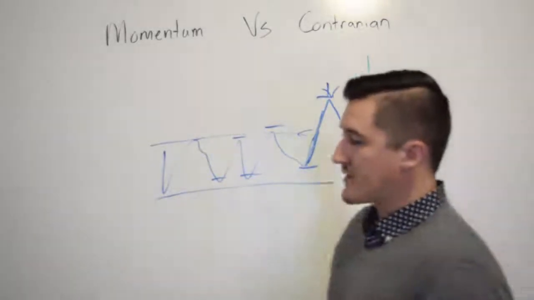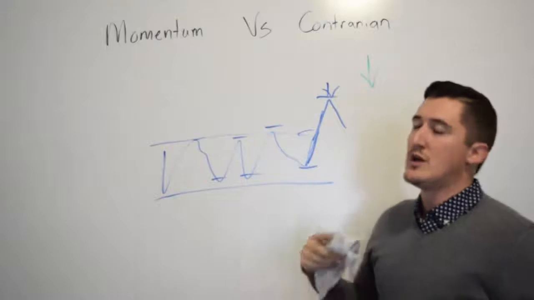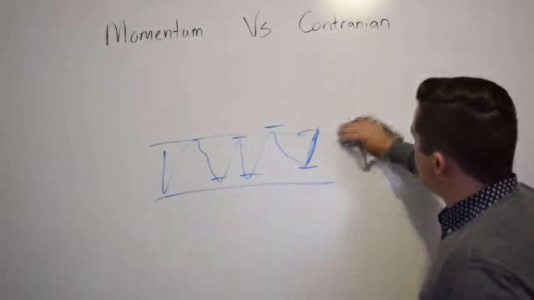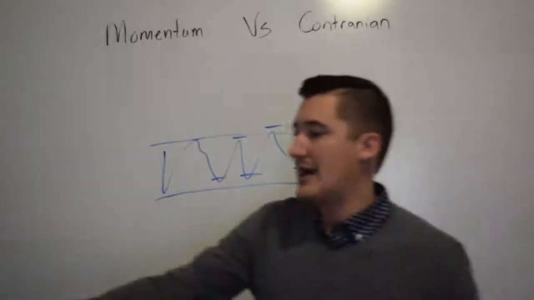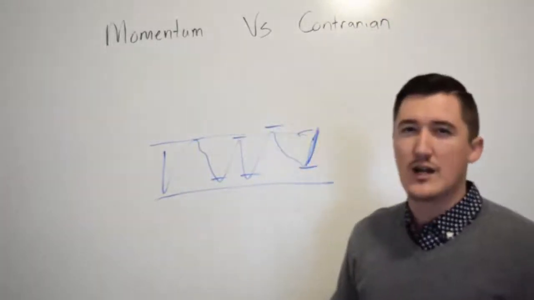Now, a lot of times, this strategy takes a while for people to get used to. You've got to have trust in your system, and you've got to know that those levels are actually going to cause a reaction for that price. So that's where the learning curve comes in with our system.